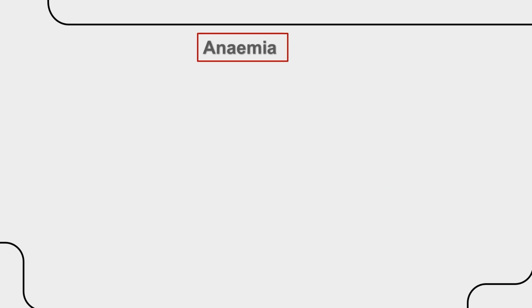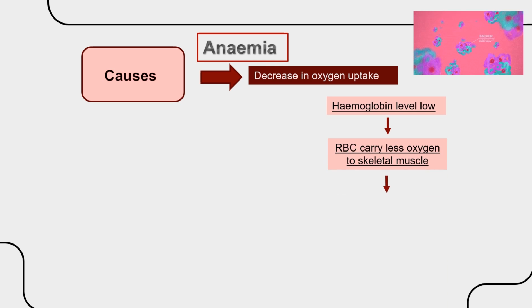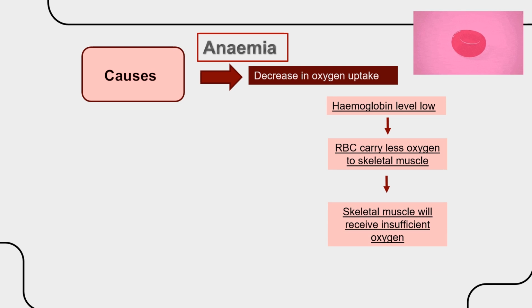Since this man has anemia, the possible cause for poor exercise tolerance is mainly a decrease in oxygen uptake. When the hemoglobin level is low, the oxygen carrying capacity will be low as well. So, red blood cells will carry less oxygen to the skeletal muscle, and skeletal muscle will receive insufficient oxygen that doesn't meet the body's need for the exercise.